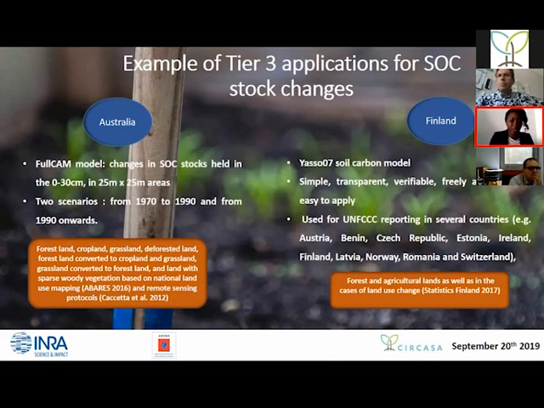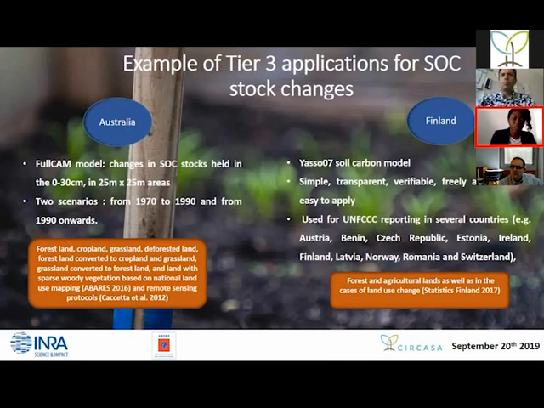In Finland, they use the Yasso07 soil carbon model as a Tier 3 method to report carbon stock changes on forest and agricultural lands, as well as in the cases of land use change.